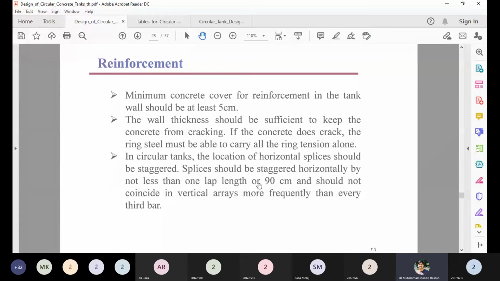If the concrete cracks, the ring steel must be able to carry all the ring tension. And also the splices which are provided, because the dia of the tank is sometimes quite large, should not be in one line, but should be staggered. So lap length should be computed.